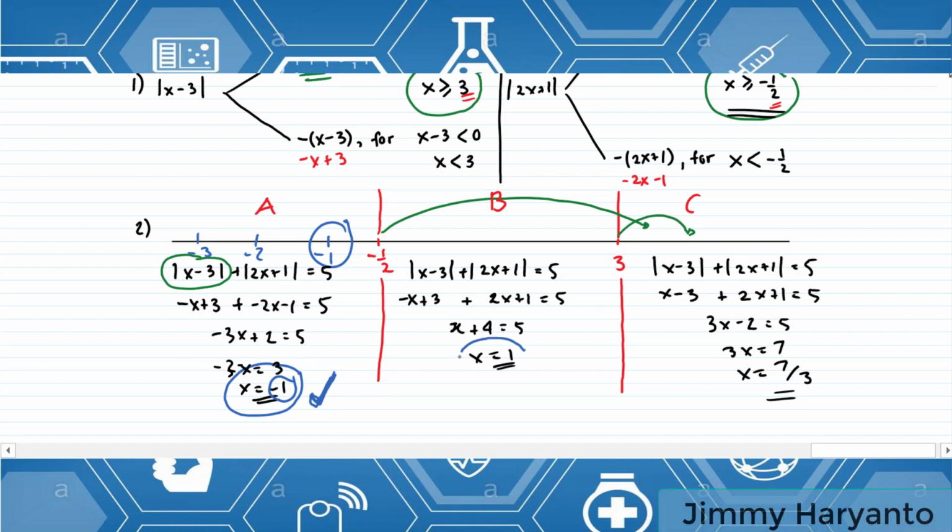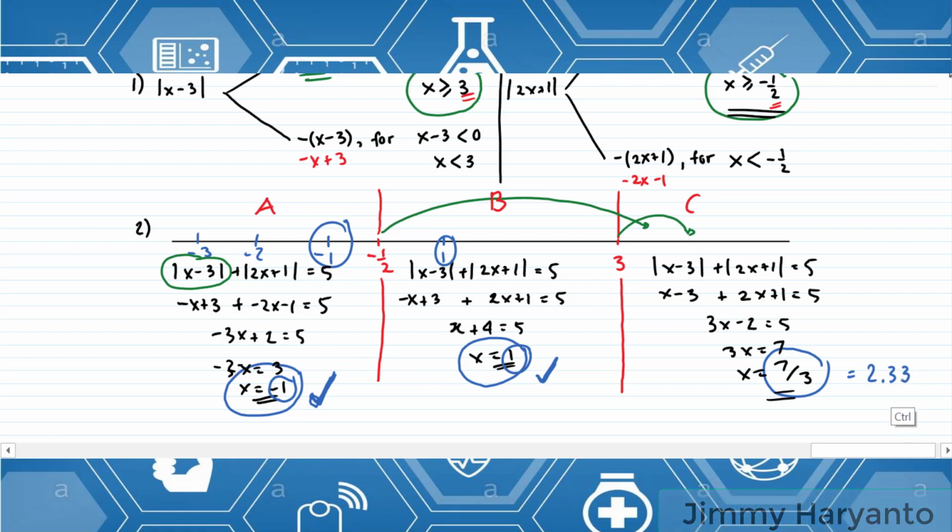So this one is the solution. How about B? B is x equals 1. Does B contain 1? Oh yes, this is 1, and x equals 1 is in room B. So this is also a solution. How about C? 7 over 3 is about 2.333.